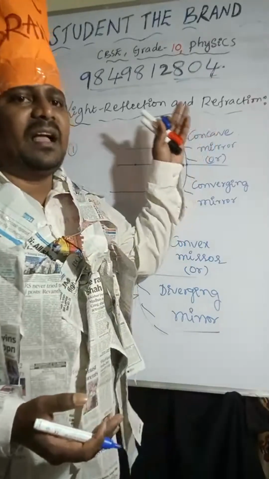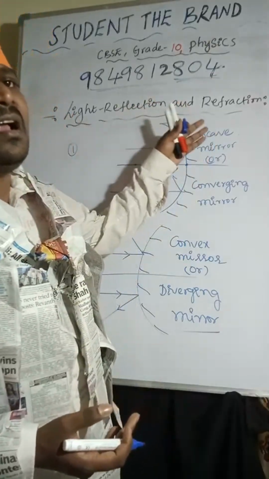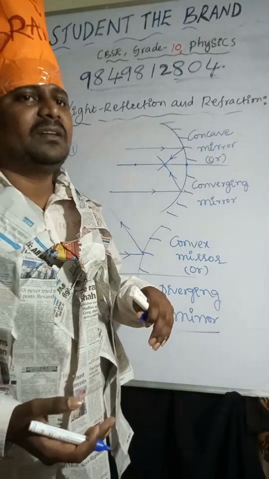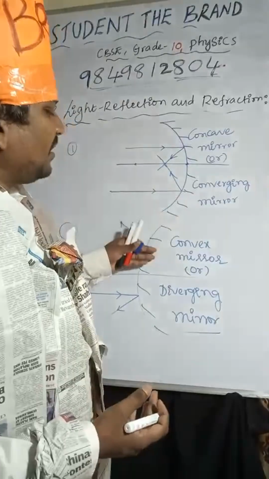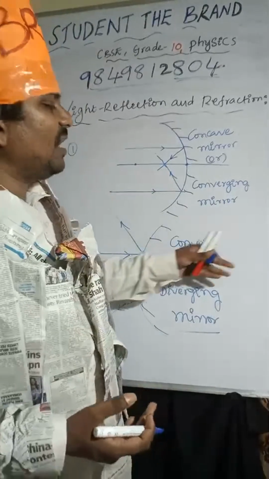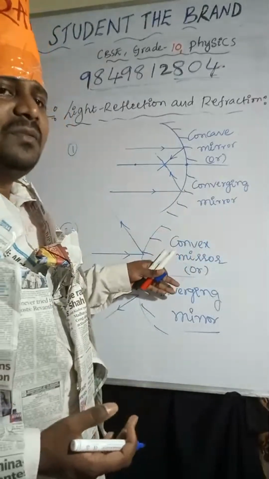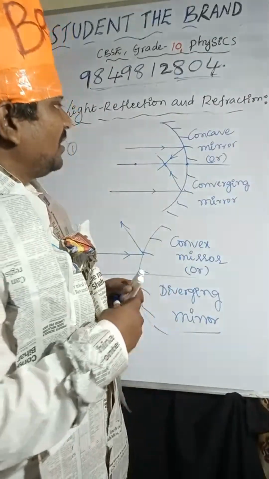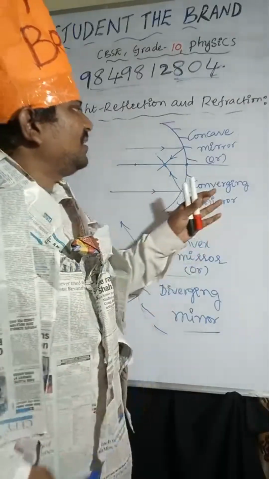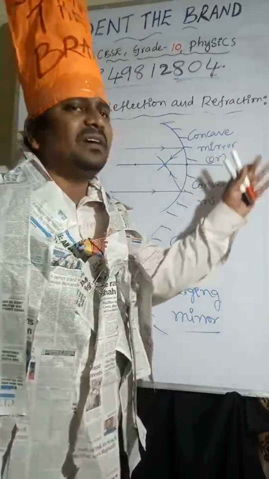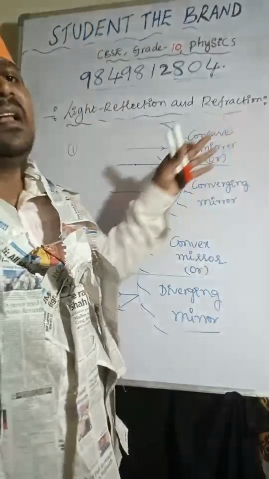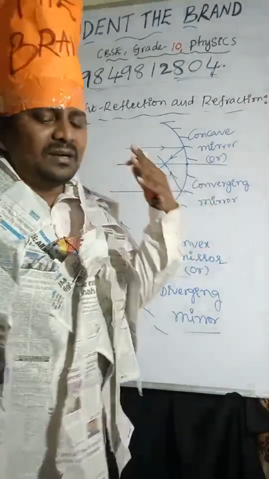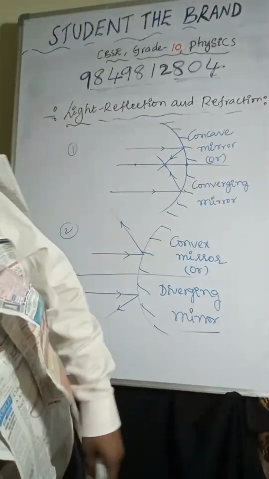That's why the concave mirror is called a converging mirror, and that's why the convex mirror is called a diverging mirror.